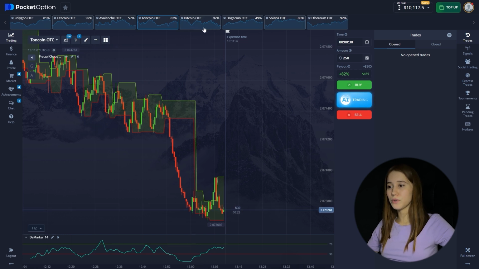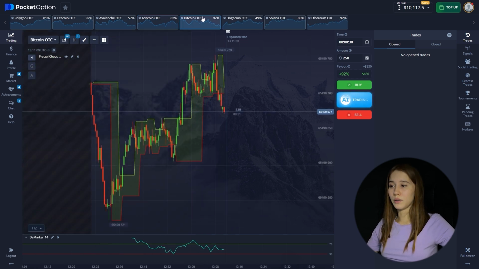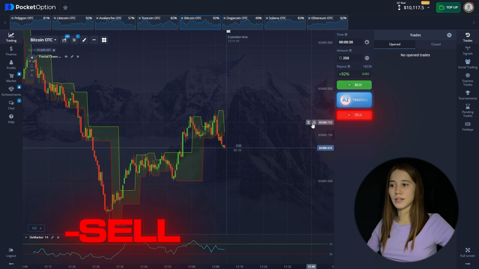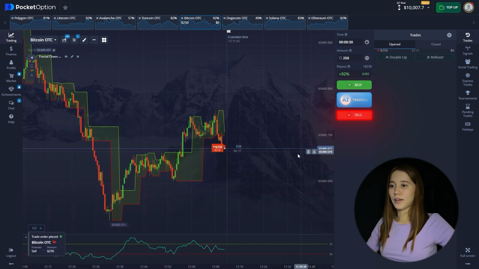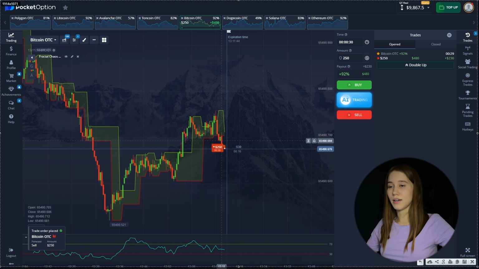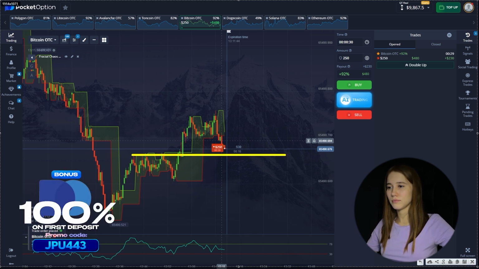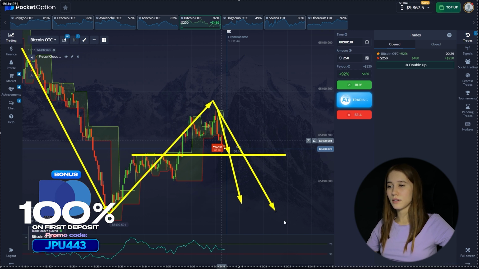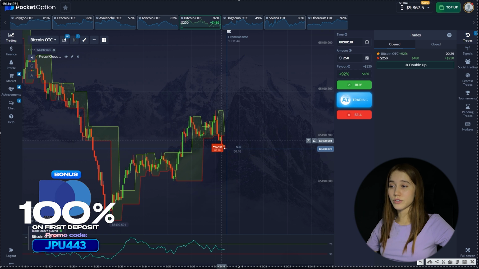I'm showing you, and we're switching to the Bitcoin, the most famous cryptocurrency in the whole world. So I think many of you are even investing in it. We see support area. We go into the general trend of the chart.